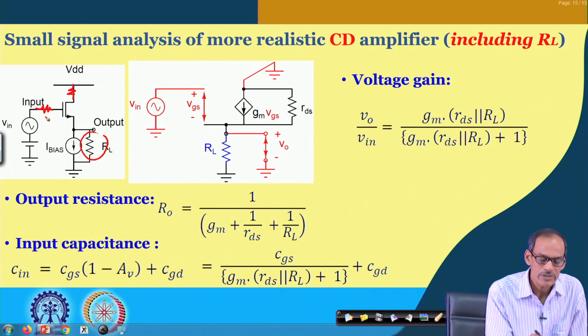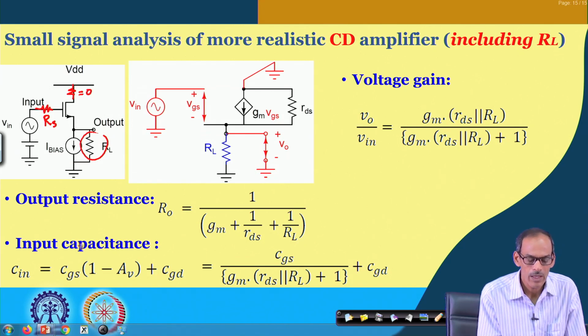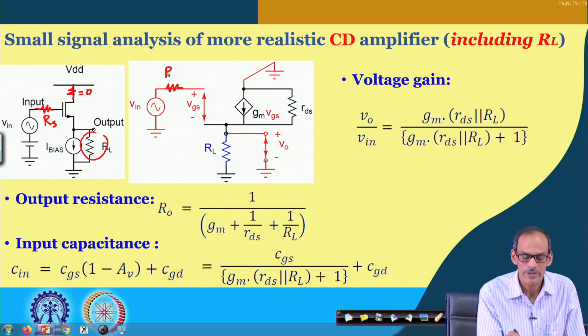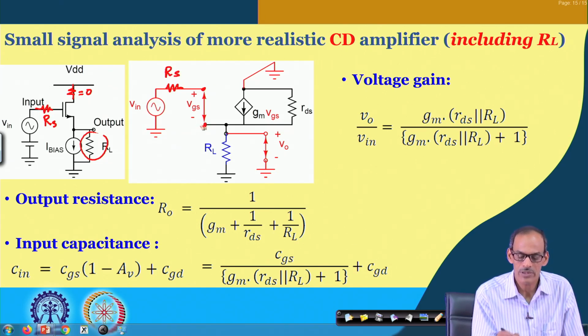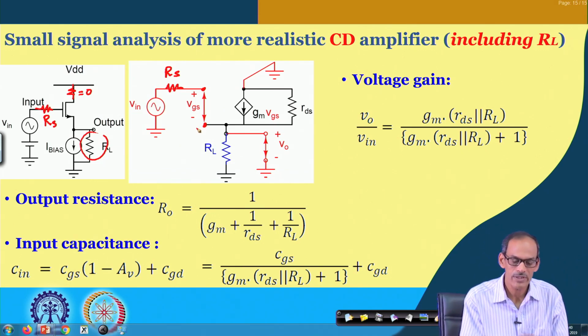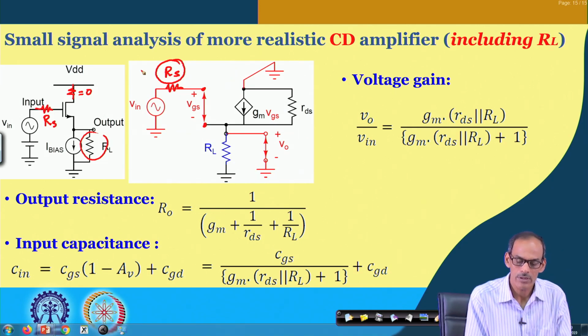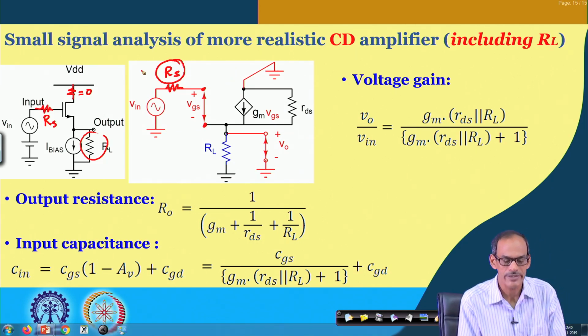Now, if I consider say source resistance, and still consider this is 0, then even if I connect a source resistance R s, since from this terminal to this terminal there is no DC path, you may say that even if I consider R s, the behavior of the circuit remains unchanged.